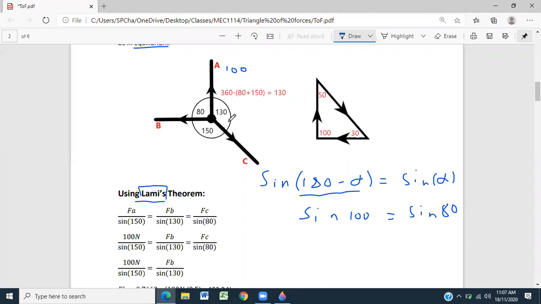So we find things like FB over sine 130, B opposite 130, A opposite 150, C opposite 80. So Lamy's theorem is just an extension of the sine rule. Any questions on that?